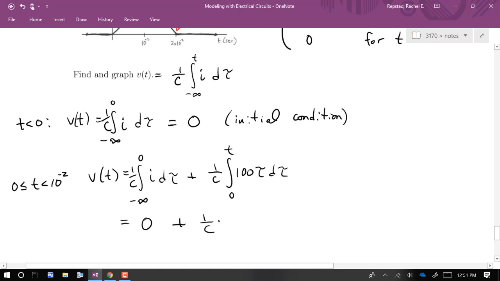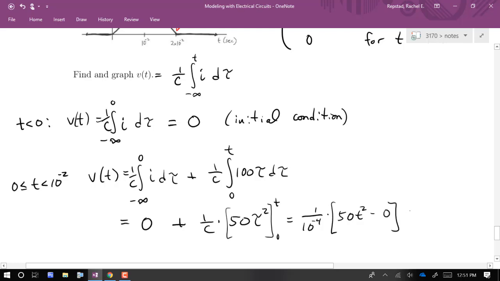And 1 over c times, if we integrate this, we get 50 tau squared. The capacitance is 10 to the negative 4th. And if we plug in our limits, we get 50 t squared minus 0.